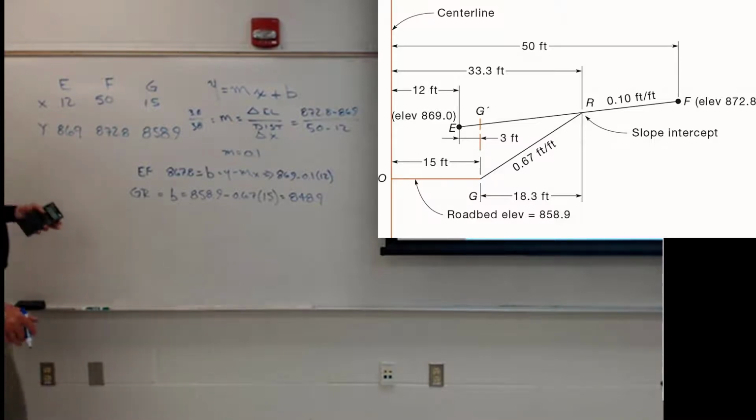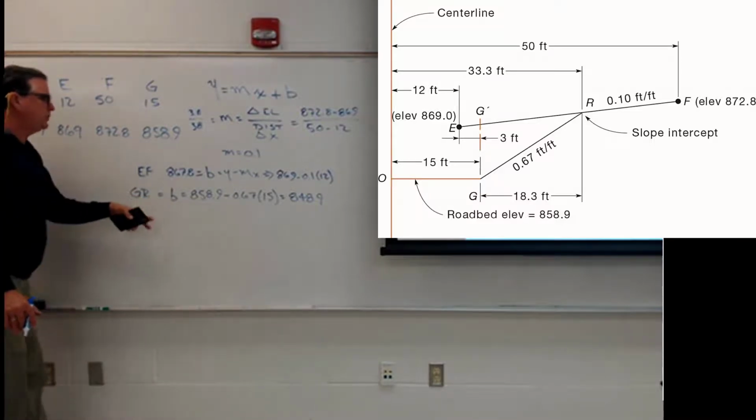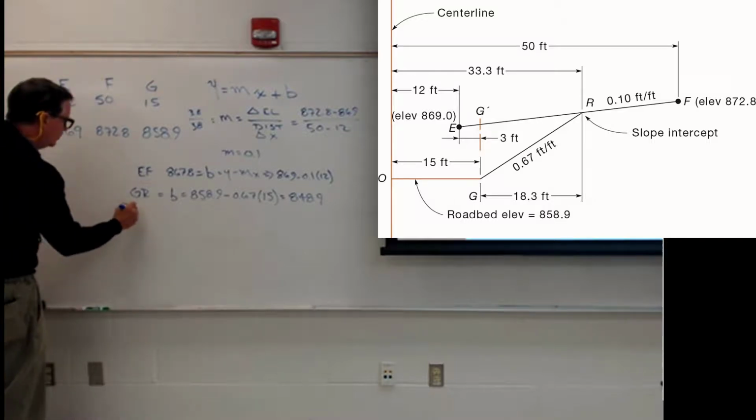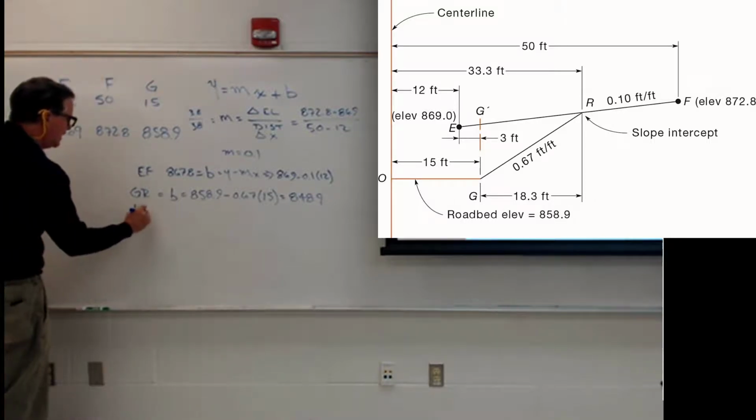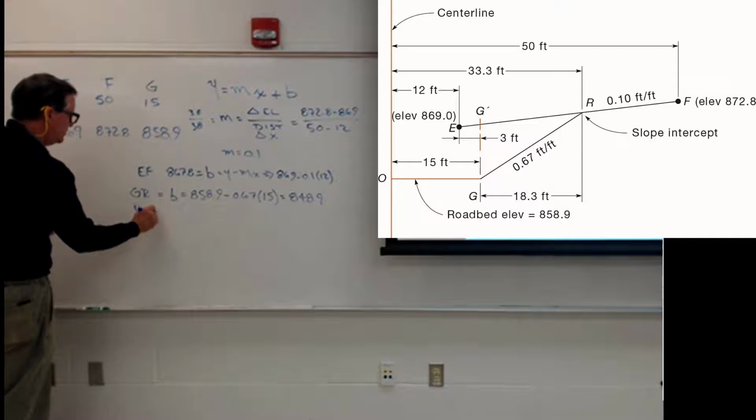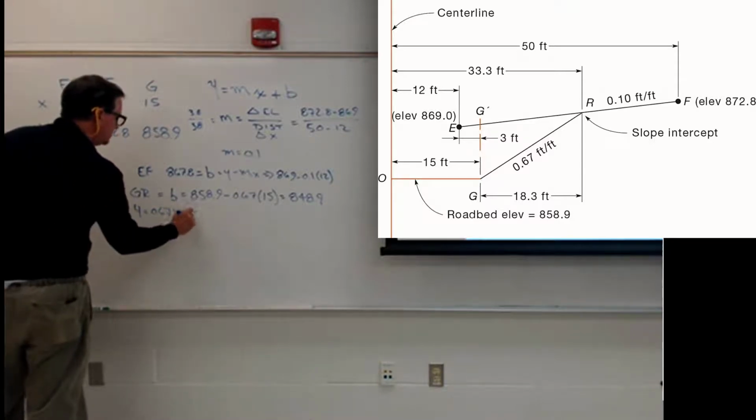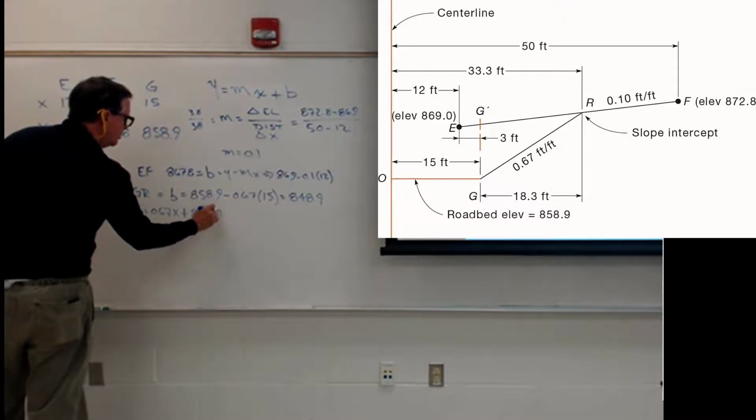So you have the equation now for GR that y is equal to 0.67x plus 848.9.